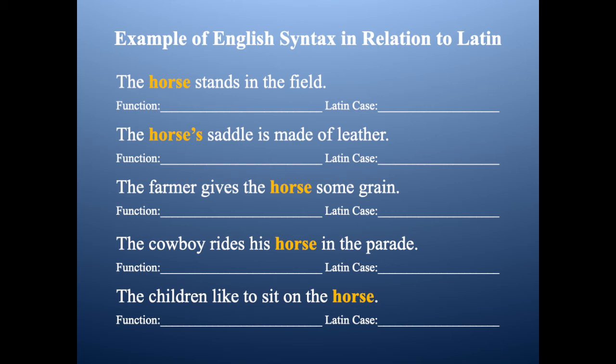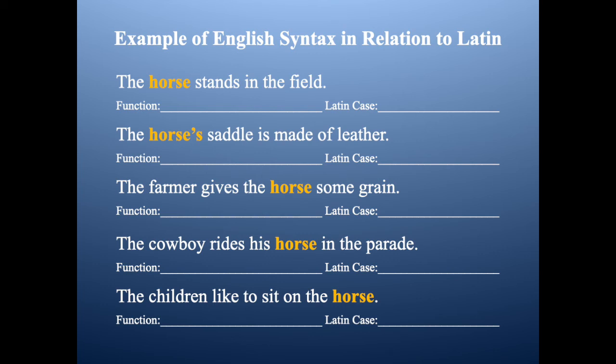So look at this. The horse stands in the field. Horse in this sentence is what? The subject of the sentence. That's right. Below that, the horse's saddle is made of leather. Now that apostrophe S will give us a clue that horse there is actually showing possession. The horse's saddle is made of leather. So that's another function of a noun.